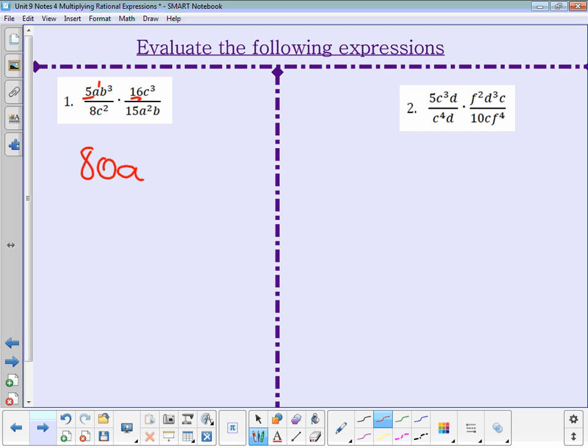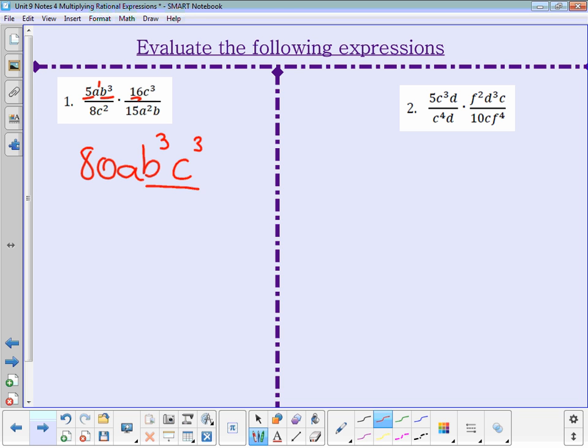Remember, that's the same as a to the first, but we don't have to write a to the first. We just know it's there. Next, my next letter is b to the third. I noticed the second monomial in the numerator doesn't have any b's, so I'm going to keep that as b to the third. Again, c to the third doesn't have anything to be multiplied with, so it's going to stay just like that.